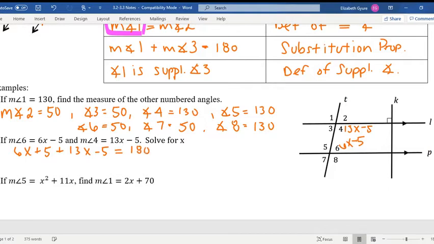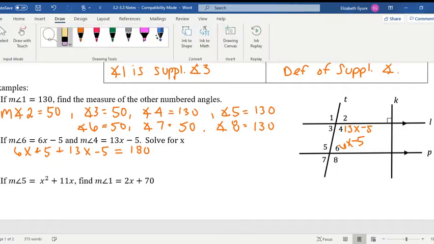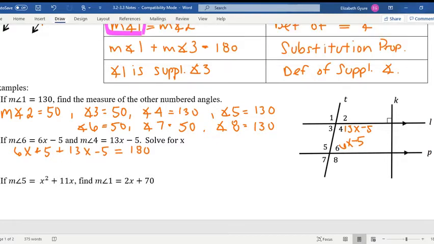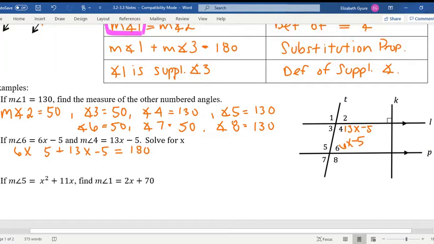Good. Combine my like terms next, right? What do you get when you combine your like terms, Lucas? Oh yeah, I copied this wrong. Made a negative sign there. Thank you. There we go.